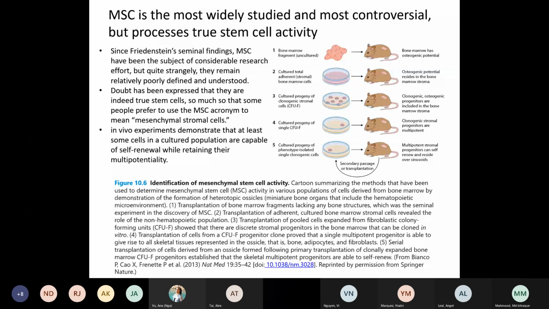Hematopoietic stem cell research laid the foundation of almost all adult stem cell research, but here somehow, I can give you some reasons. This has become a very strange topic and strange research community.